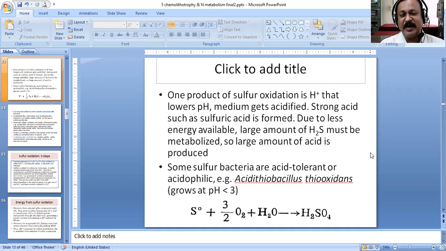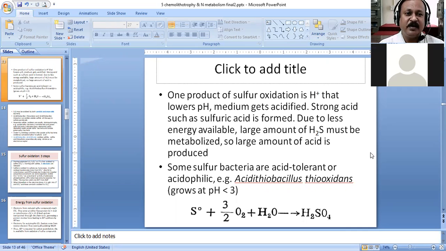In fact, the growth of these organisms is very slow, very poor. I don't remember it right now, but you can say the doubling time of these organisms is a few hours. What is the doubling time of E. coli? 19 minutes. If I take that as the right answer, the doubling time of E. coli is 18 to 19 minutes.